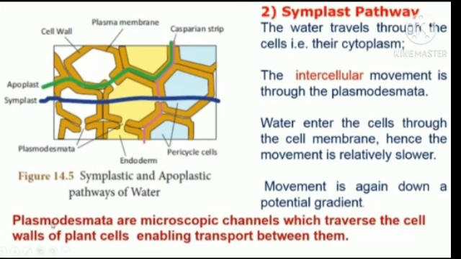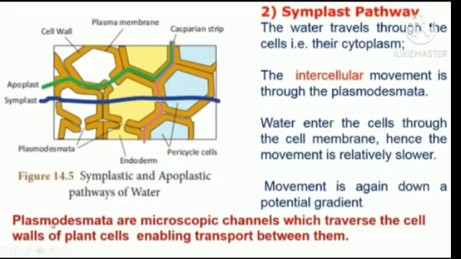Symplast pathway. The water travels through the cells, that is, their cytoplasm. The intercellular movement is through the plasmodesmata. Water enters the cells through the cell membrane, hence the movement is relatively slower. Movement is again down a potential gradient.